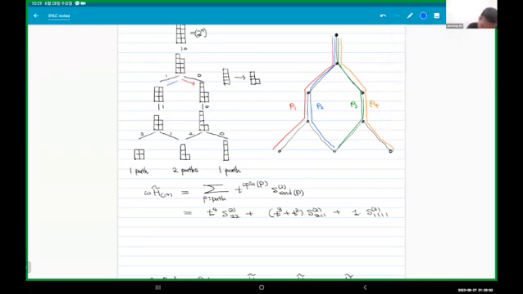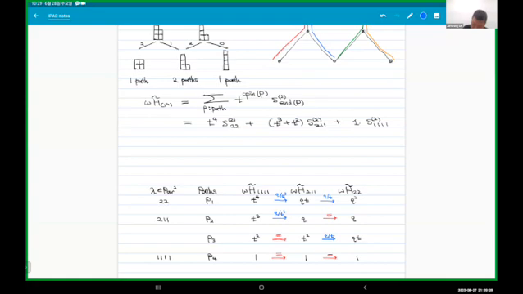So if a path takes a left step here, you multiply that by the right ratio, and if a path takes a right step here, then you just leave the spin statistic. So what I mean by that is, okay, so I'll erase this.